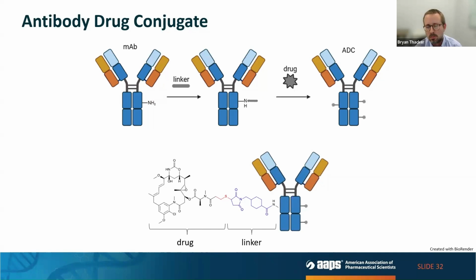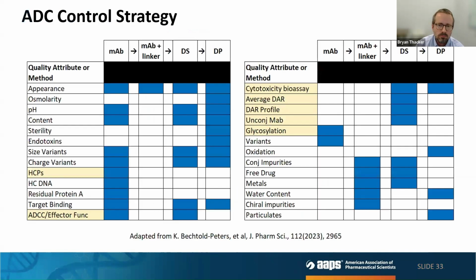And these chemical modification processes are well controlled, and the technology is improving all the time. But the chemistry itself gives rise to another layer of complexity and heterogeneity, which needs to be monitored and accounted for in a control strategy. So with that basic understanding, let's go to the next slide.